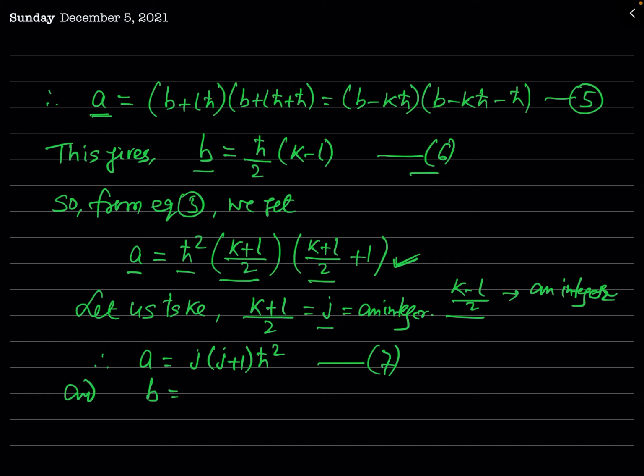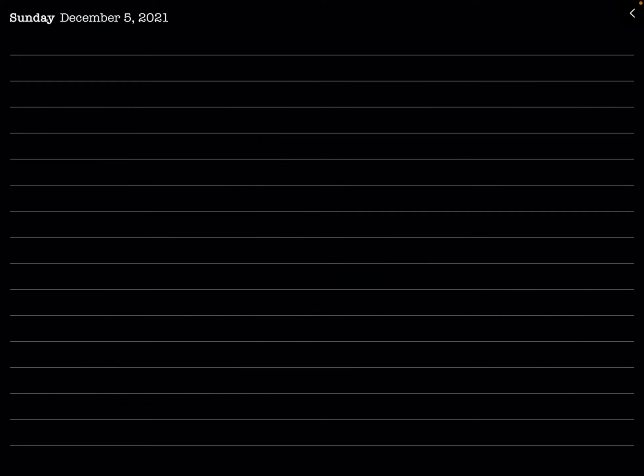You can say that this b is equal to h bar over 2 times k minus L. Now you can see that since j is equal to k plus L by 2, what will be the maximum and minimum value of k and L? You can easily define.